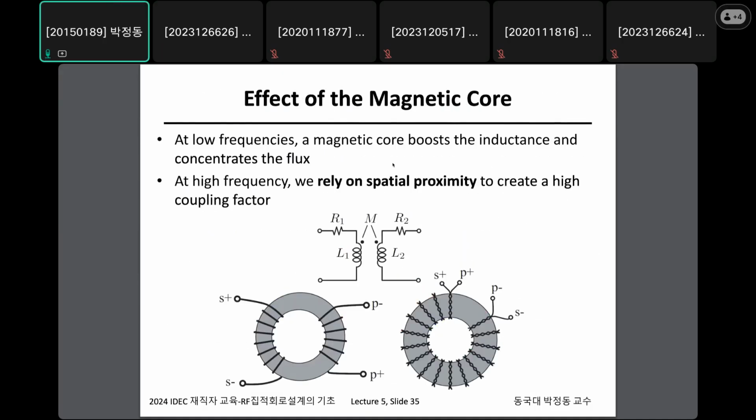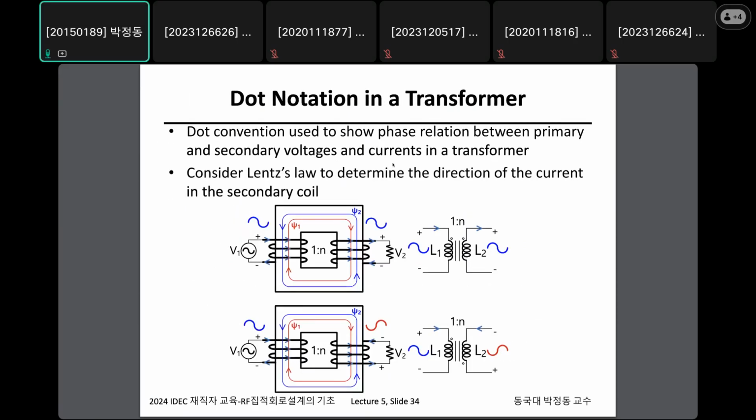Right. Let's talk about the notation again. So, as I said, in the microwave society, the transformation ratio is defined this way, okay? Which is different from the definition in the physics society, okay? Anyway, we use this.